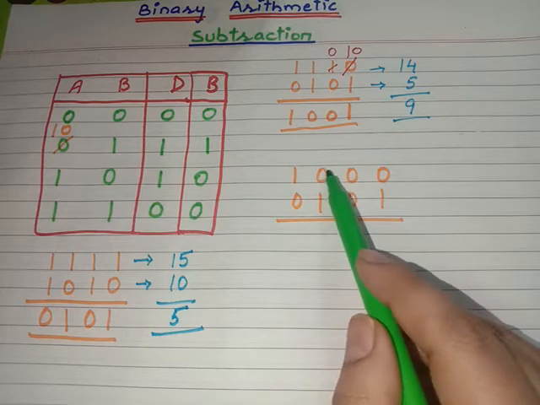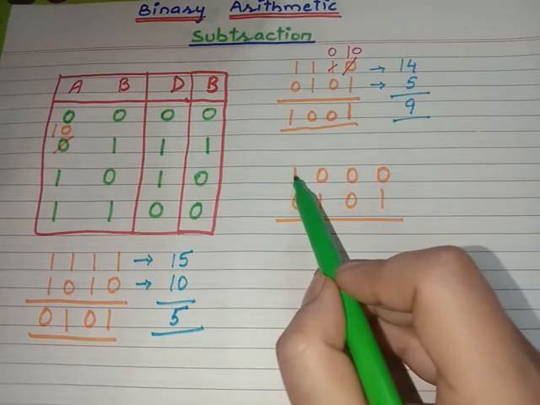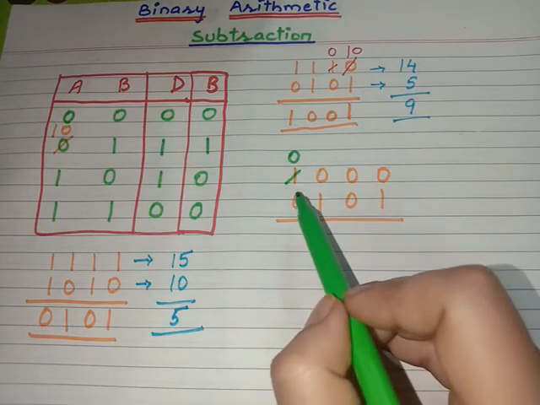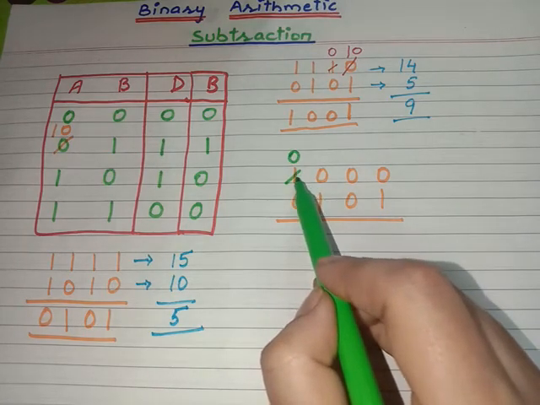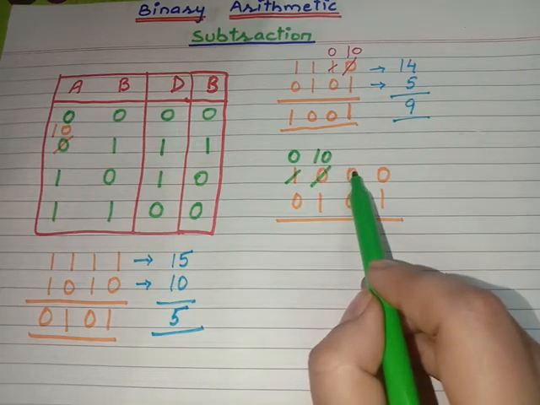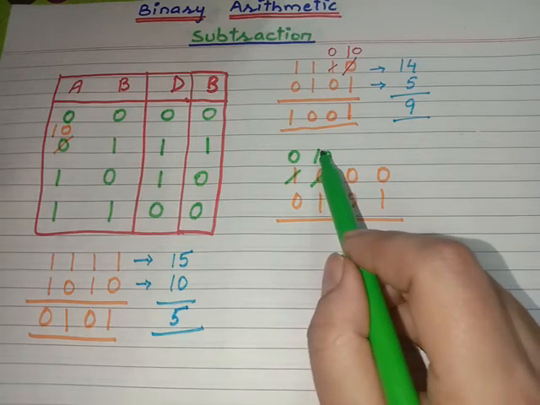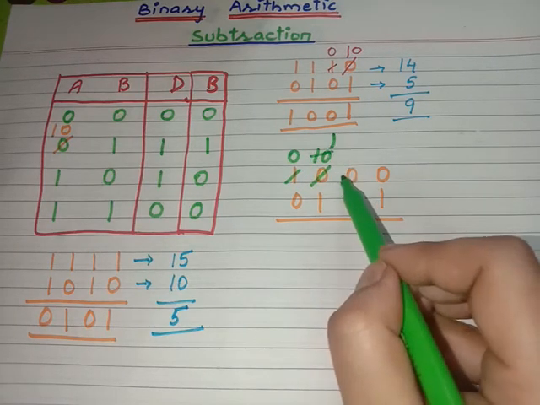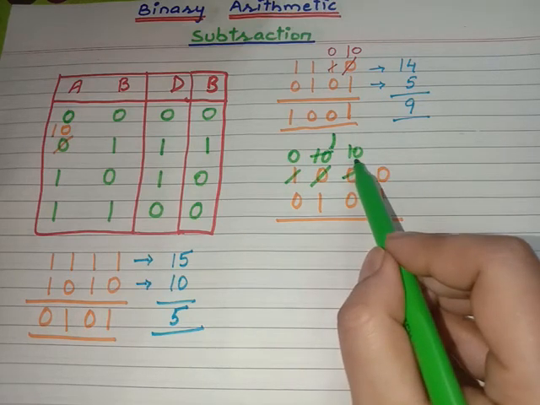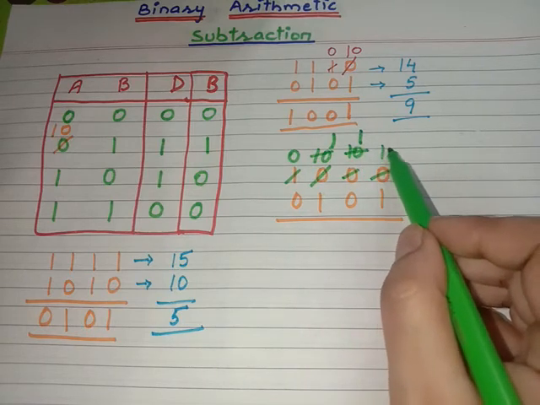This is also 0, so this 0 will take the borrow from the next bit. When we take the borrow from this bit, this 1 will become 0, and this 0 will become 10. Now this 0 is going to take a borrow from here. When this 0 takes the borrow from this 10, this 10 will become 1, and this 0 will become 10. And now this 0 will take a borrow from this. This 10 after taking the borrow will be 1, and this 0 will become 10.